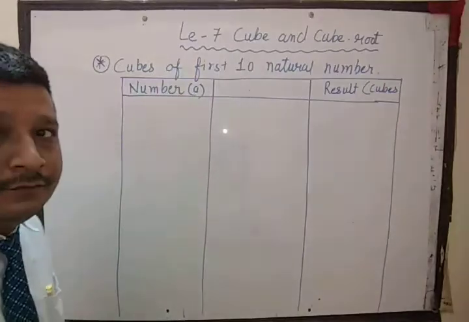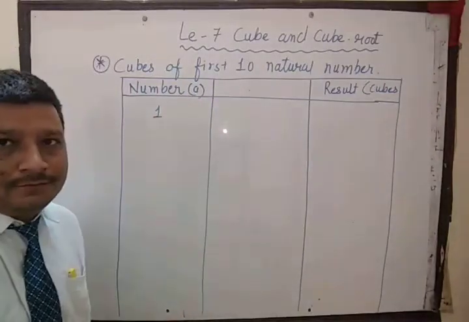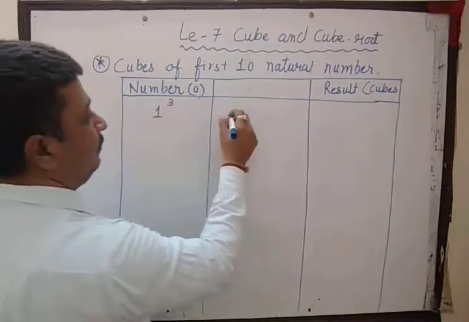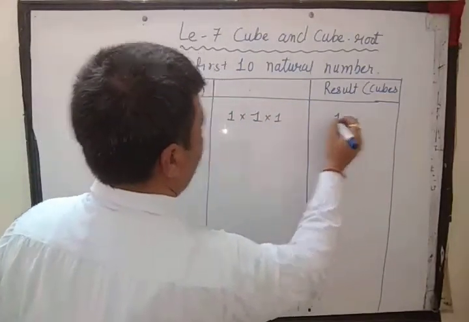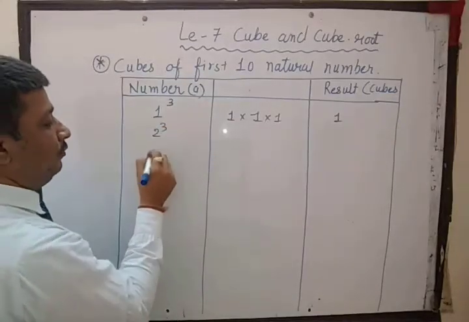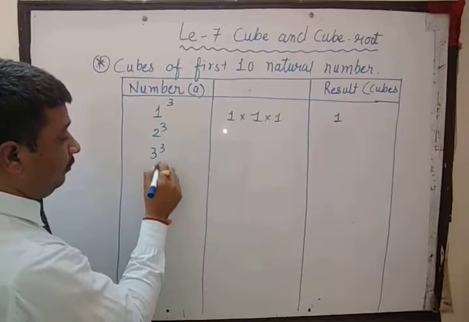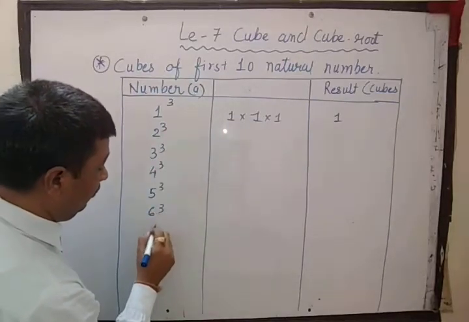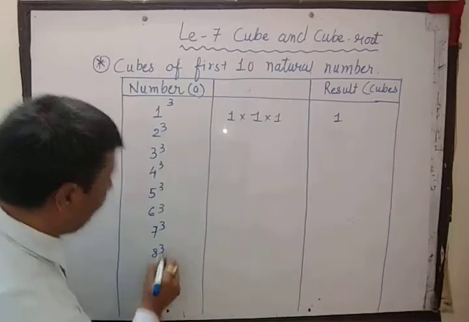Clear? Now 1 cube, that means 1 into 1 into 1, that will be 1. Then 2 cube, 3 cube, 4 cube, 5 cube, 6 cube, 7 cube, 8 cube, 9 cube.